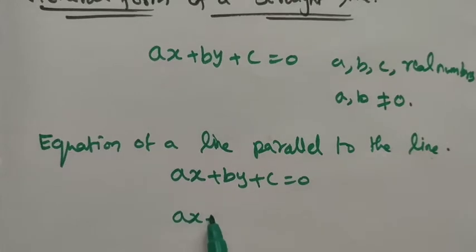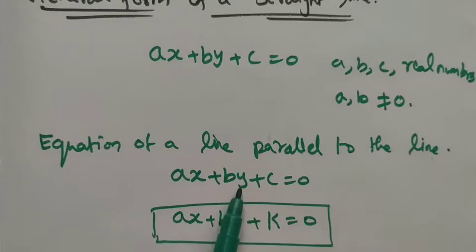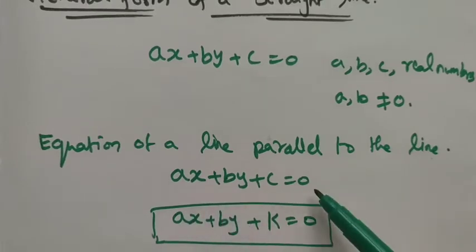The remaining ax plus by stays as it is, plus only the constant term changes, where you put k. This is the parallel of the equation of this line. One equation is given, ax plus by plus c equal to 0, and to find the parallel we change only the constant term.